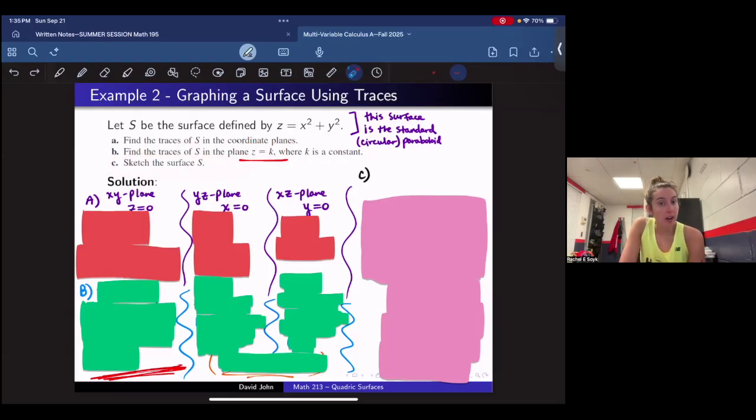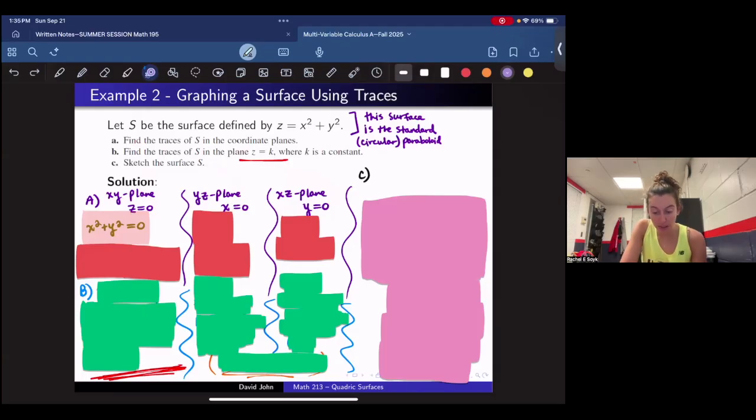How do we find a trace? Again, look at the 3 planes, XY, YZ, and XZ, and then set that third variable equal to 0 to find your equations. So in the first case, we set 0 equal to z, and so we're looking at x squared plus y squared equals 0.